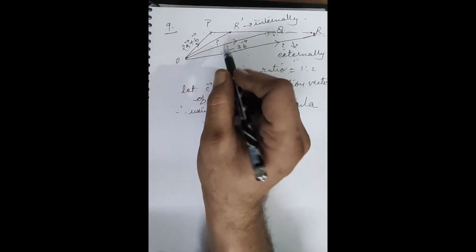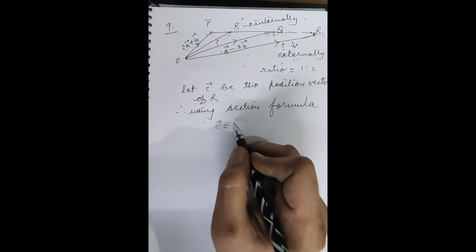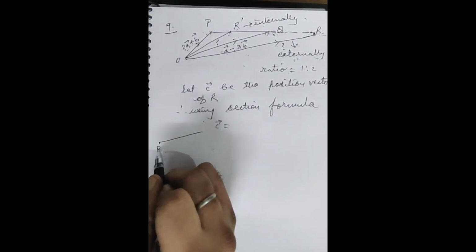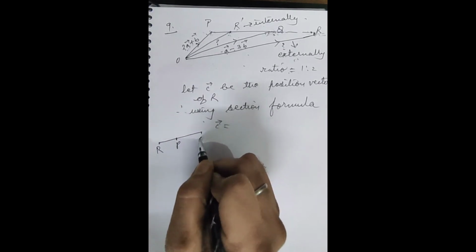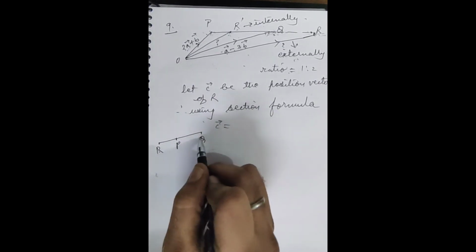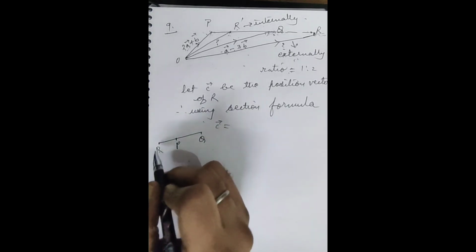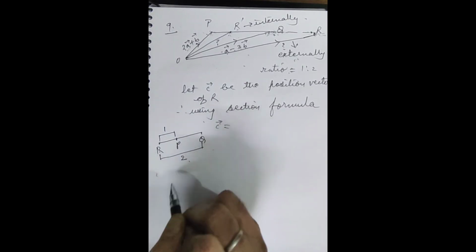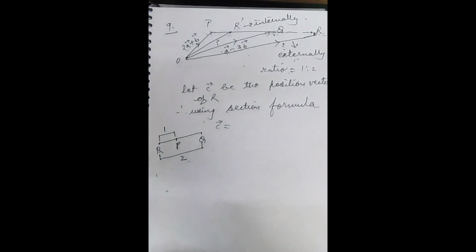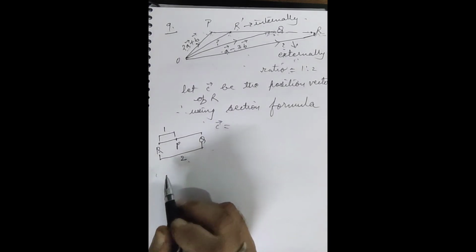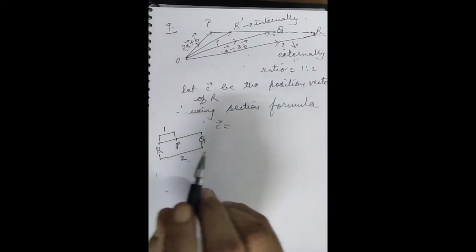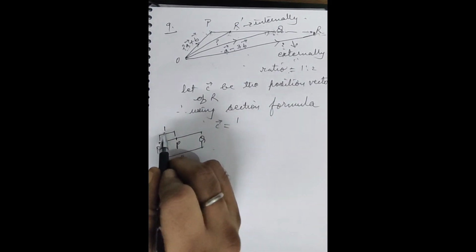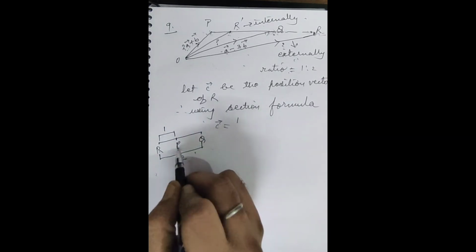R is dividing this PQ as 1:2. Let me draw the actual position so that you can understand. It says R divides PQ in the ratio 1:2, meaning this much length you consider 1, then with respect to R this length would be 2. So here we need to cross multiply. 1 will be multiplied to the components of Q and 2 will be multiplied to the components of P.